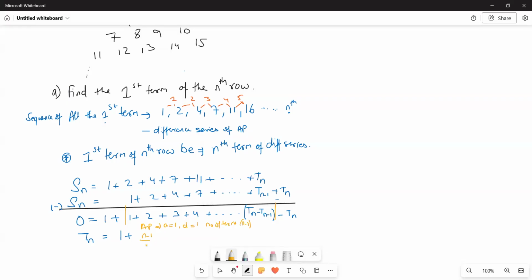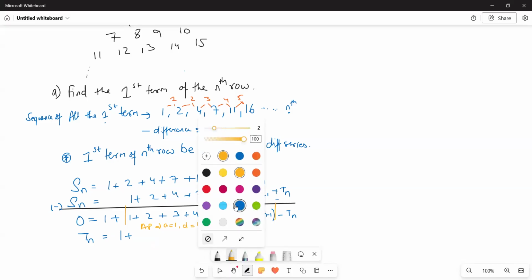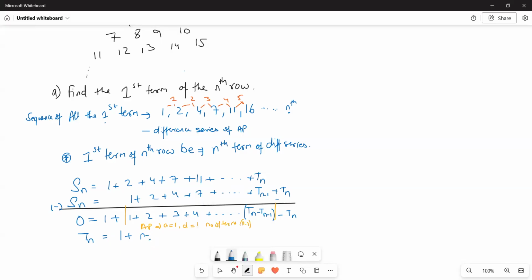So n minus 1 by 2 into 2 plus n minus 2 into 1. यह आ जाएगा n minus 1 by 2 into 2 plus n minus 2.